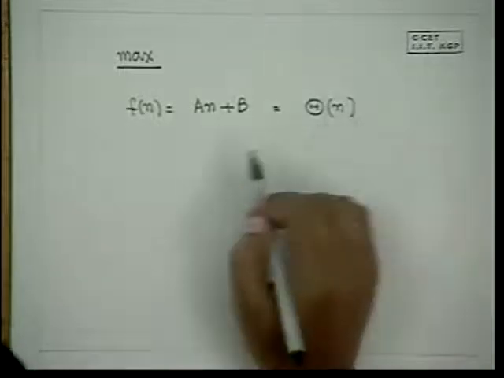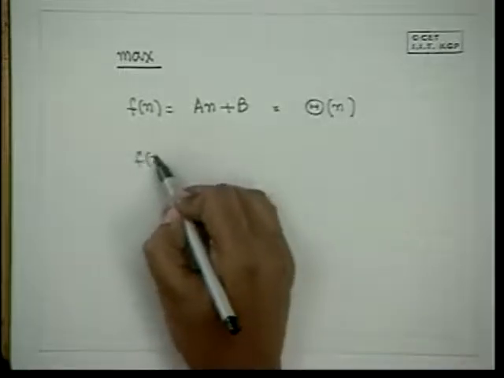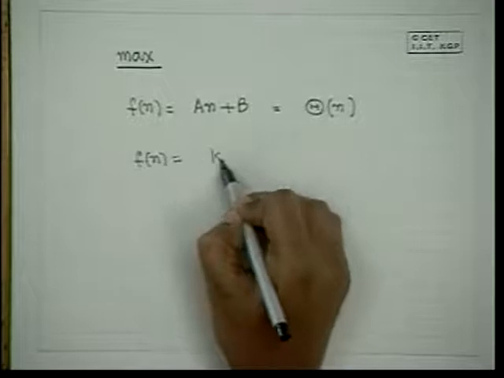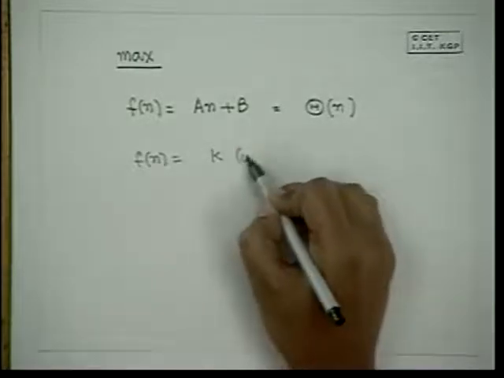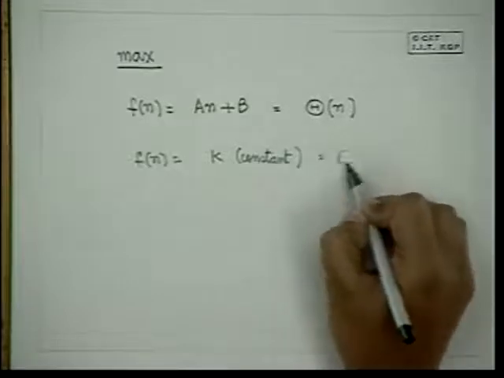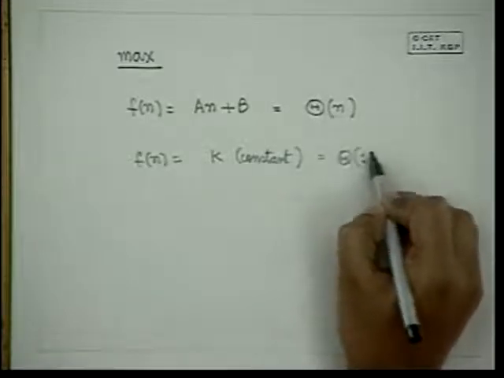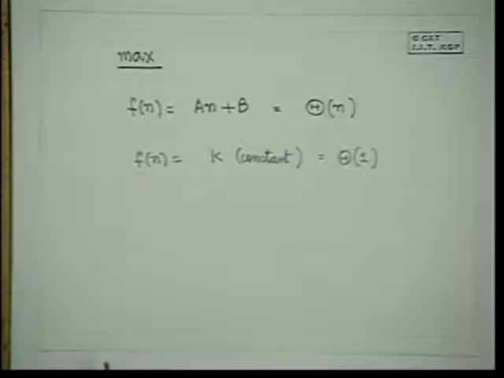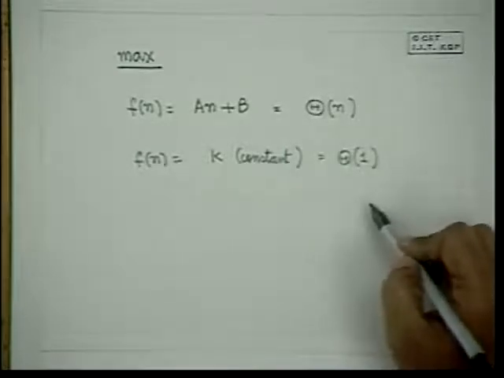Just before we continue with this, if Fn is equal to k, which is a constant, then it is said to be order 1. This constant is usually called order 1.